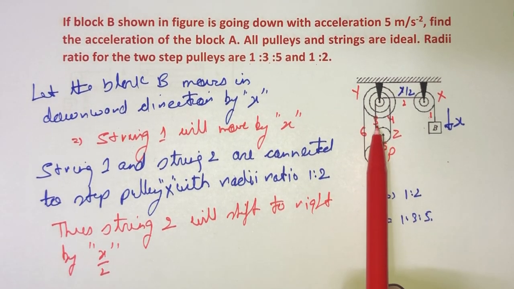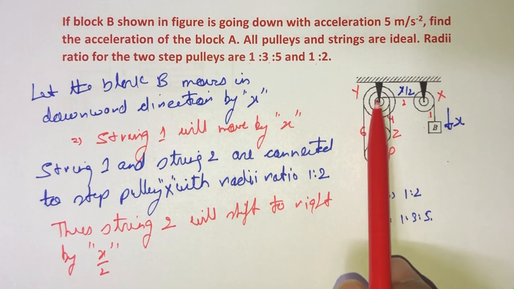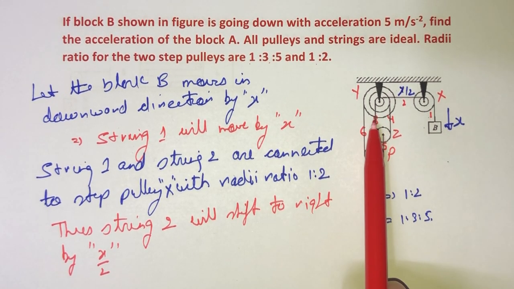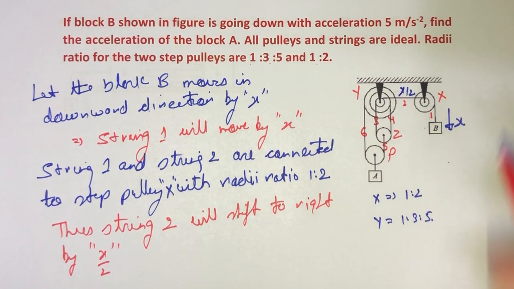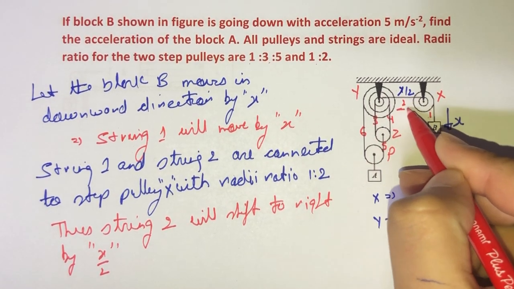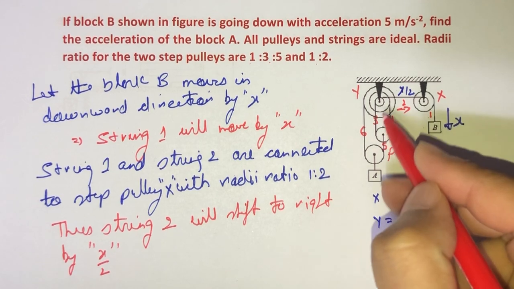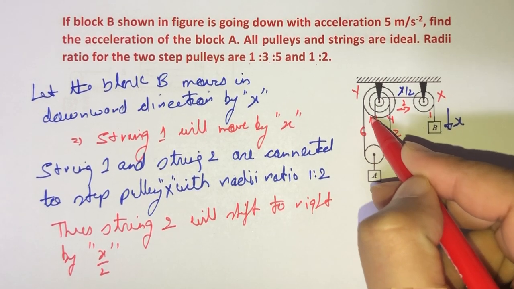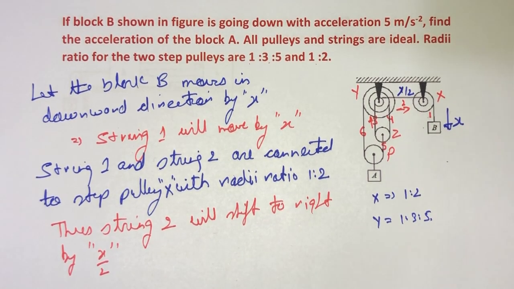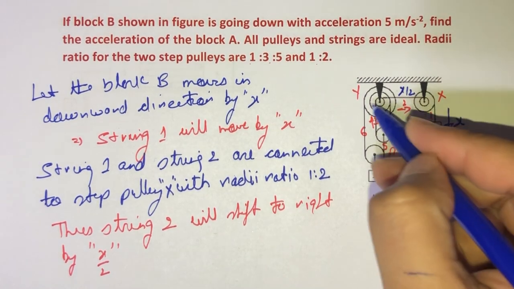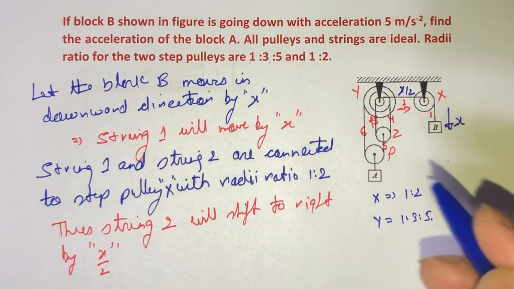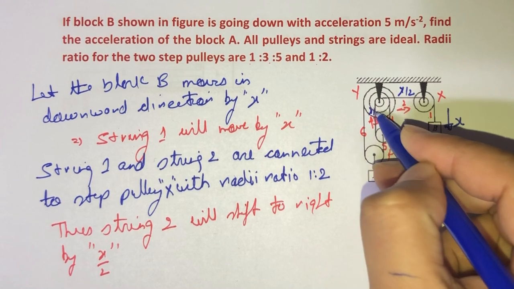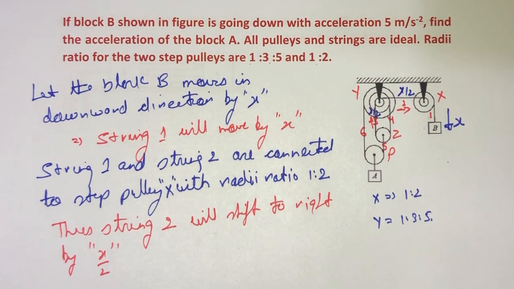The string 3 and string 2 are same. So it means string 3 will be moving in upward direction by x/2. String 2 moves in this direction and string 3 will be moving in upward direction by the same amount, which is x/2.